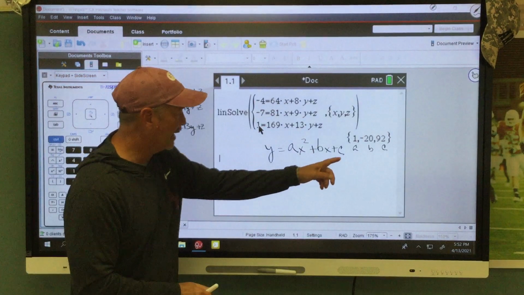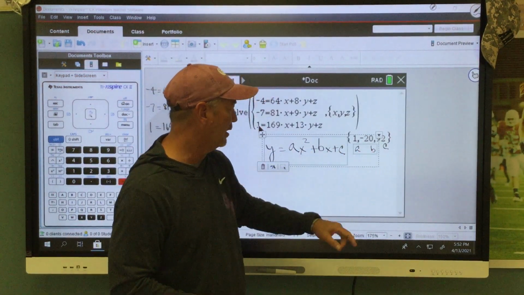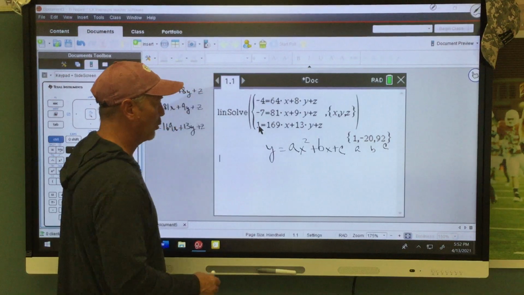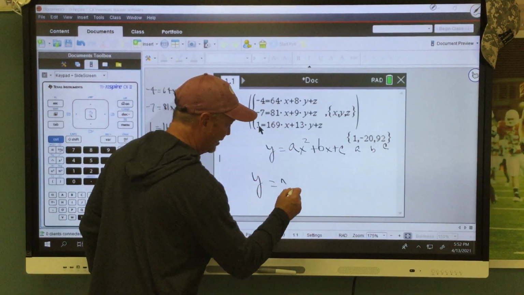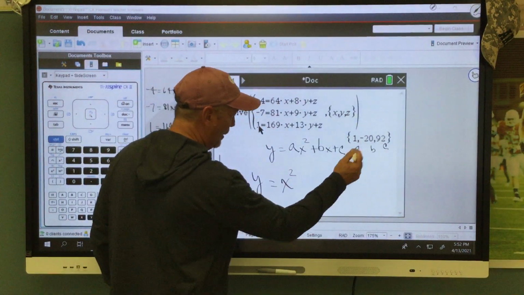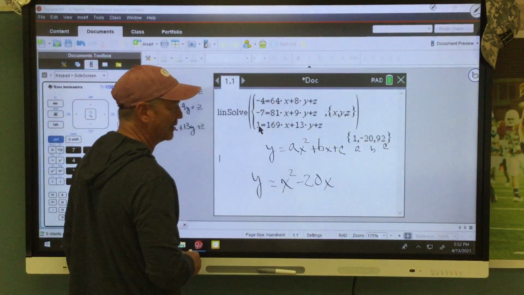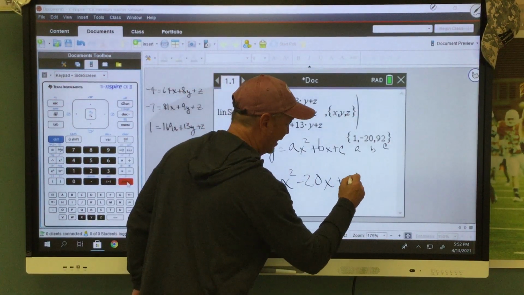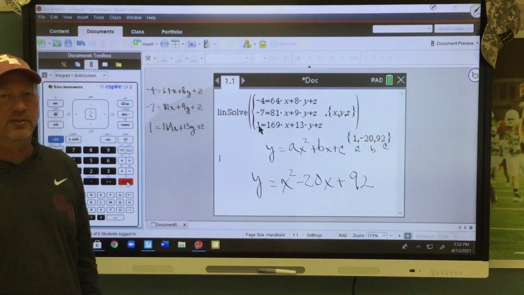All we do is take the A, put it where the A is, the B where the B is, the C where the C is. So we're going to say that y equals x squared. We don't have to put the 1 there, it's invisible. Minus 20x plus 92. There's your answer.